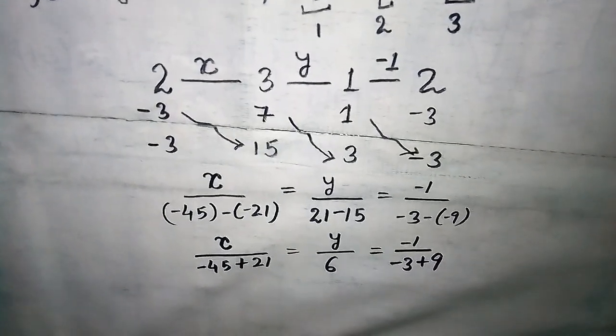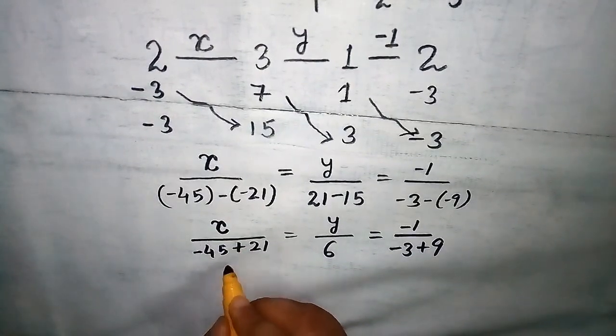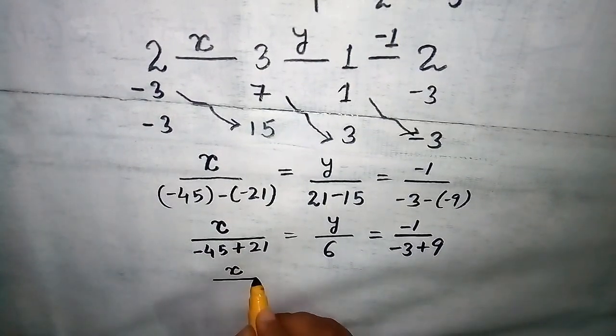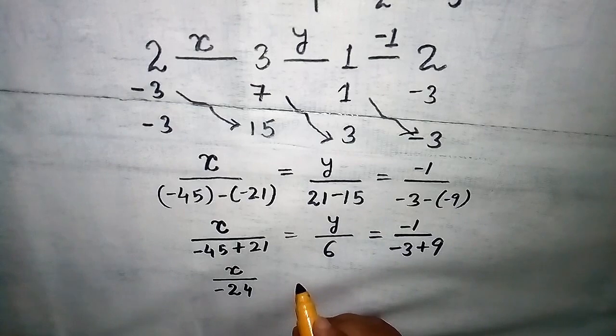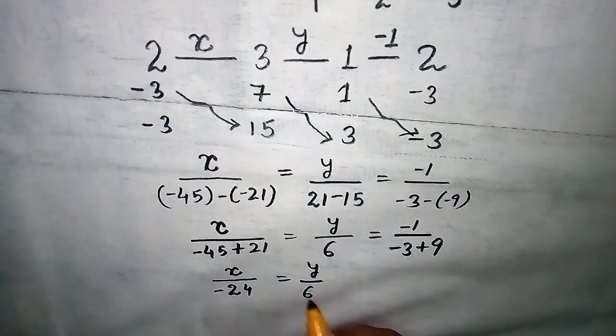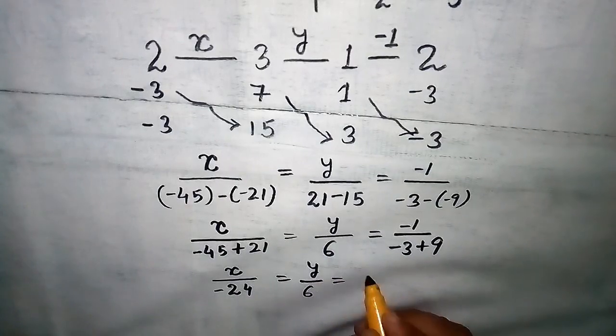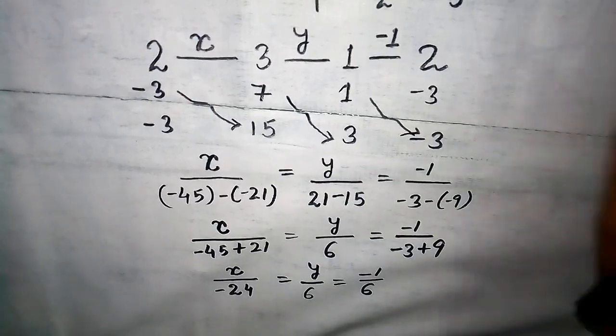So let us simplify more. x upon minus 45 plus 21 will be minus 24 equals to y upon 6 as it is equals to minus 1 upon minus 3 plus 9, that is 6.